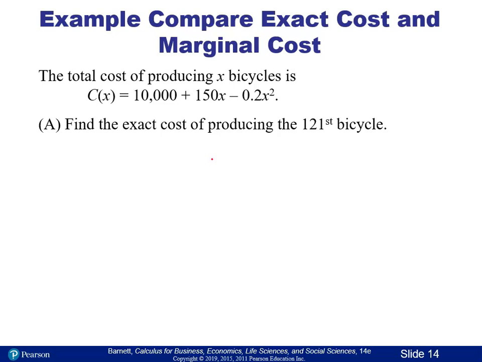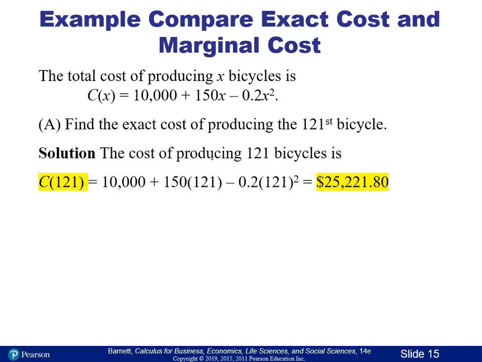Okay, so we've got an example here. Find the exact cost of producing the 121st bicycle. I'm going to go through these pretty quickly because it's really just another example of what we've already done. So the exact cost is going to be the cost of producing the 121st minus the cost of producing the 120th.